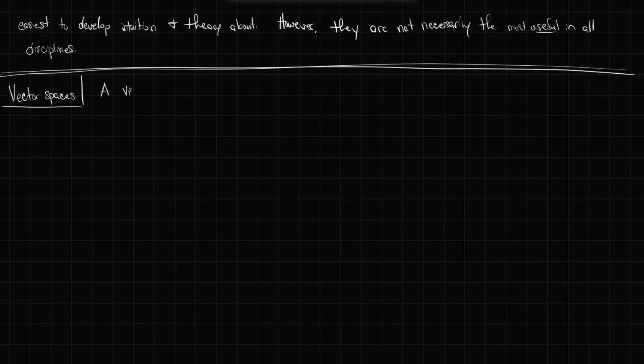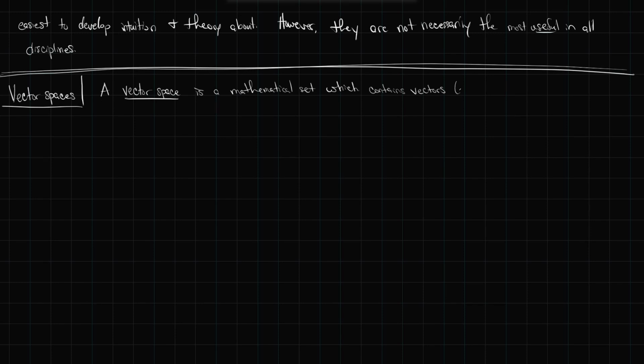A vector space is a mathematical set which contains vectors. Okay, what are vectors?